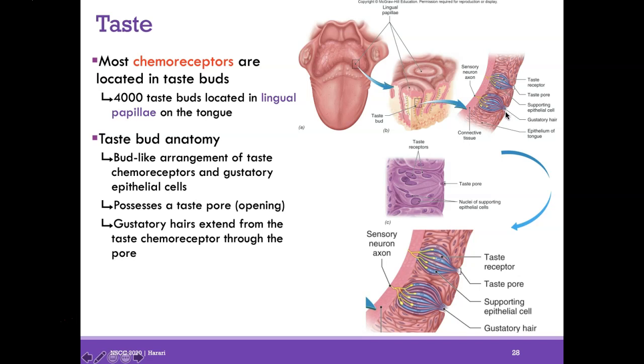Very similar to the olfactory cells with those little cilia, in this case these are microvilli called taste hairs, and those are the receptor surfaces for tastants.